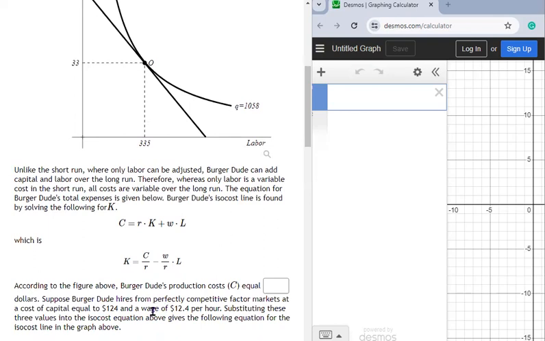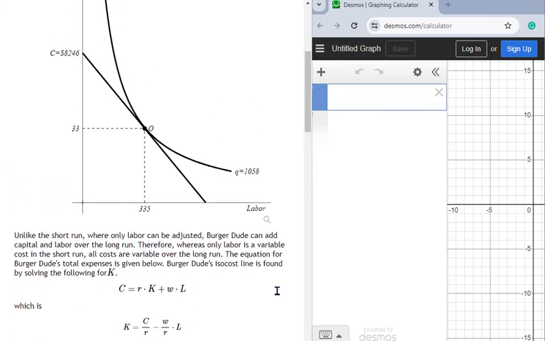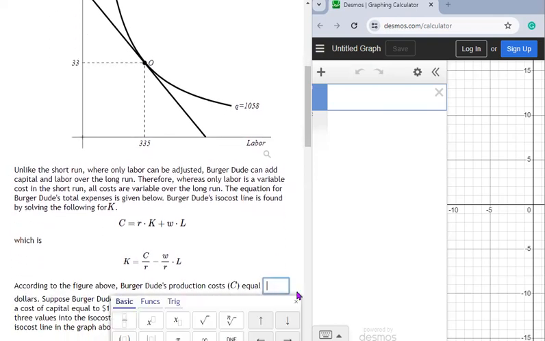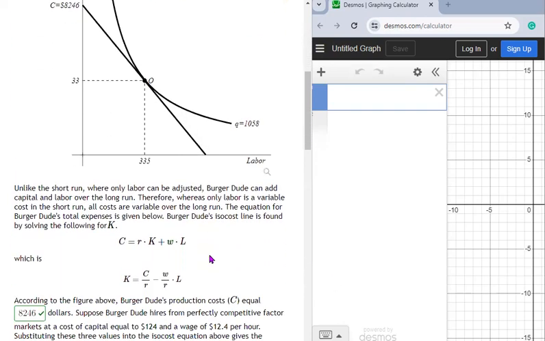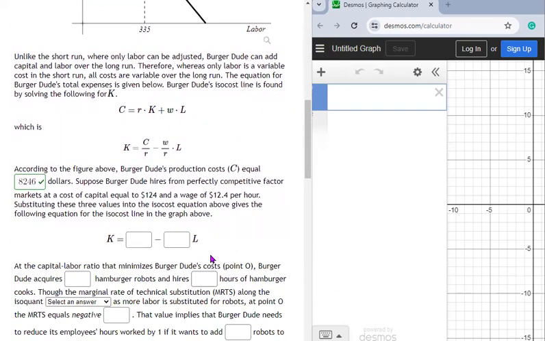Now, according to the figure above, Burger Dude's production cost equals 8,246. Suppose Burger Dude hires from perfectly competitive factor markets at a cost of capital equal to $124 per unit.